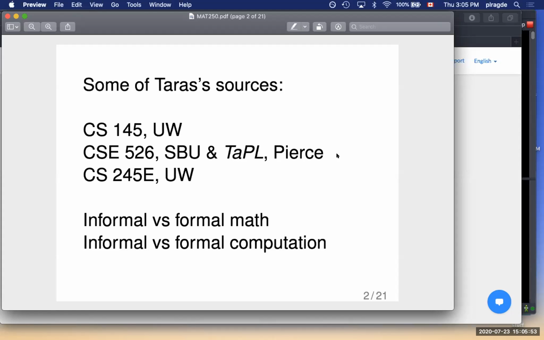And the material you just started to see about type checking and type synthesis comes out of the implementation of type checking, which is chapter 10 of Pierce.